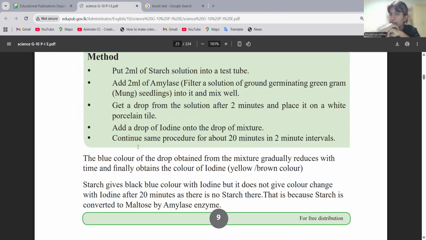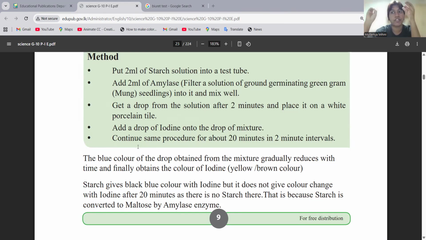We use iodine to test this enzyme reactivity. So add a drop of iodine to the mixture of starch and germinating seeds, amylase. And continue the same procedure for 20 minutes in 2 minute intervals, which is 10 times. Then you can see the blue color of the drop obtained from the mixture.